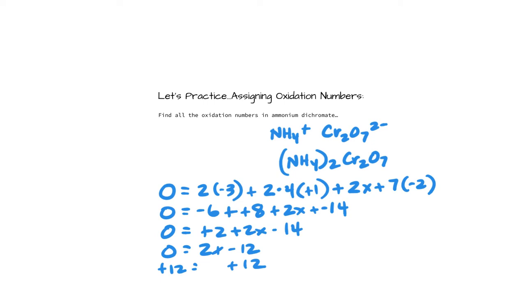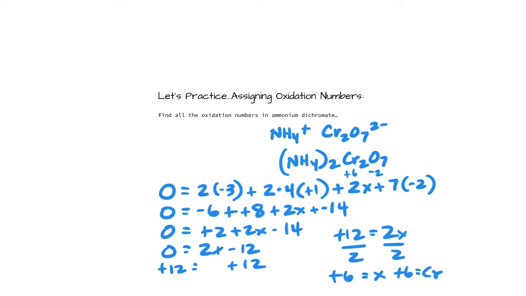So then this becomes positive 12 equals 2x, divide by the 2, plus 6 equals x. So chromium in this case must have a plus 6. Plus 6 equals Cr. So this becomes plus 6.